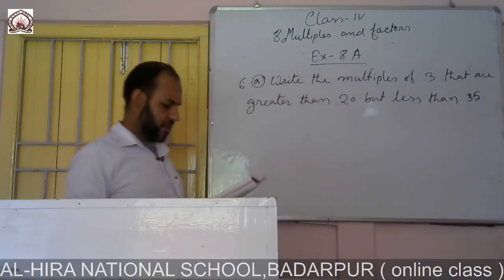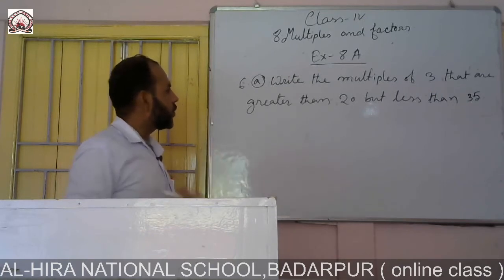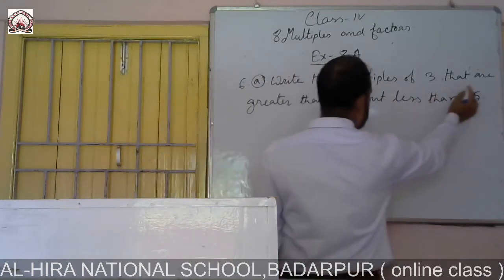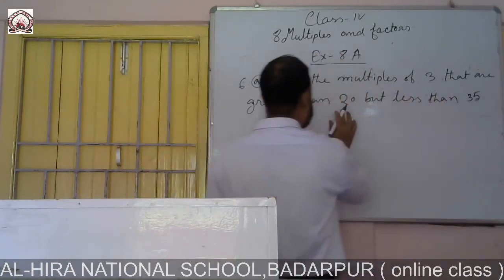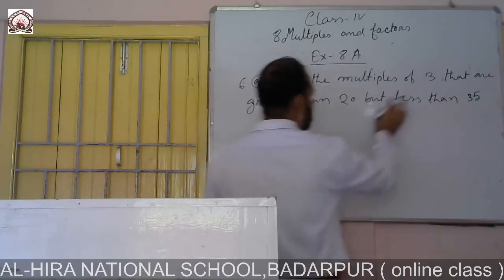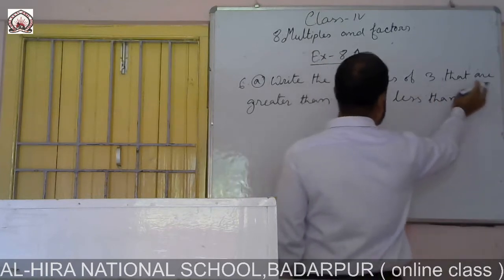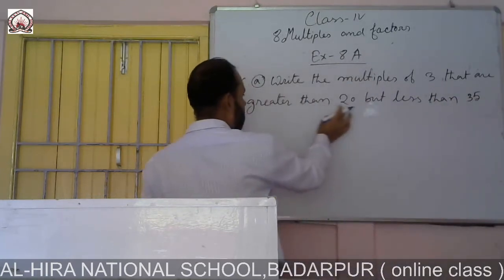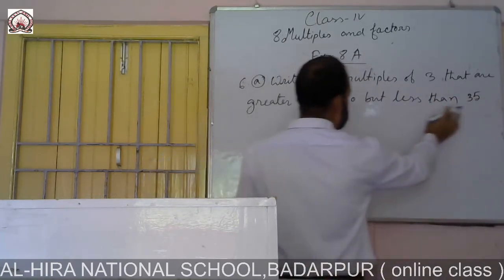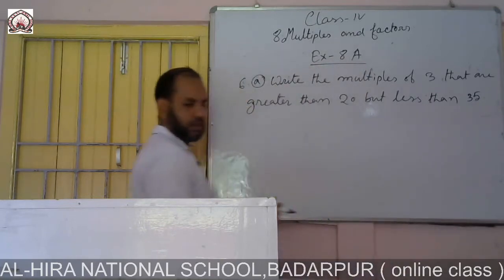Write the multiples of 3 that are greater than 20 but less than 35.